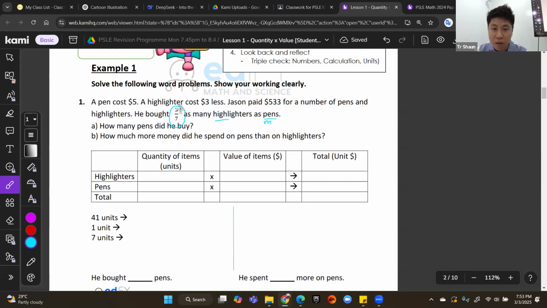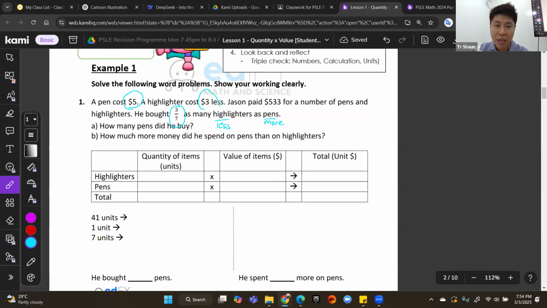Can you write down here more and write down here less? Because that is very important, so that when you double check your work, you know that the pens are more. And over here, we can see pens are $5. So when we have a quantity unchanged question, we will solve it by drawing a quick table.